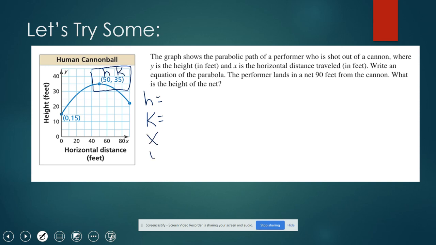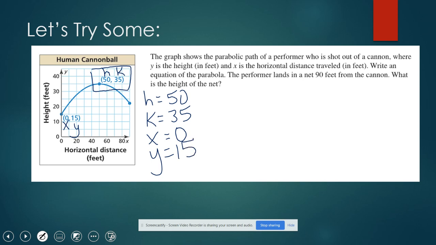Now remember, in order to start solving for A to be able to write our equation, we just said we need H, K, X, Y. So we know H is 50, K is 35. And then they give us one more ordered pair, 0, 15. Remember, the first value in an ordered pair is X, and the second value is Y. So we have 0 and 15.